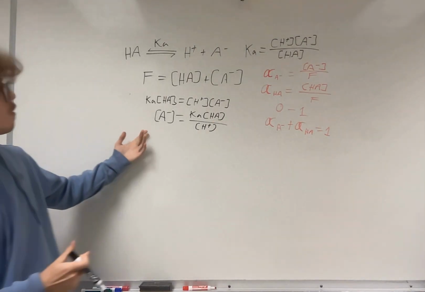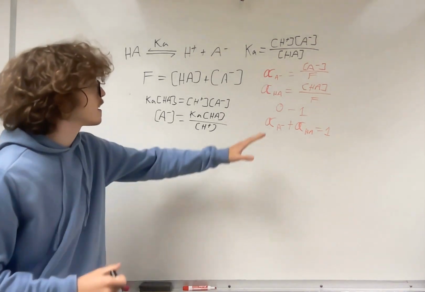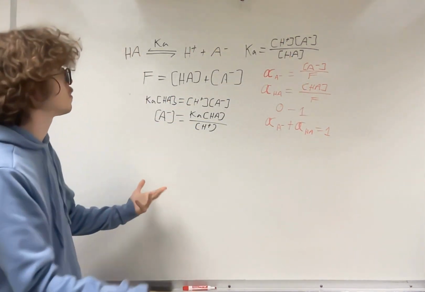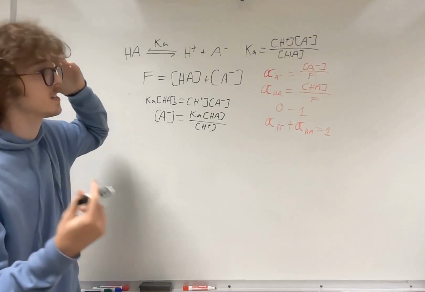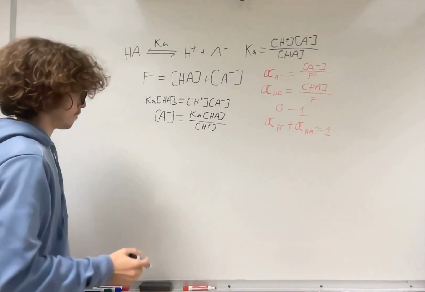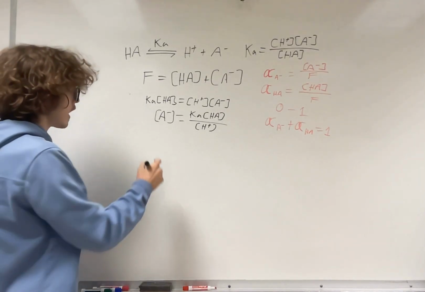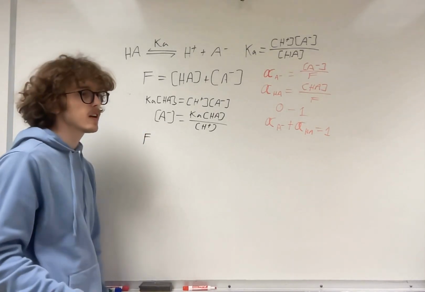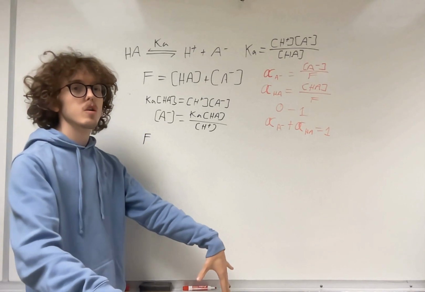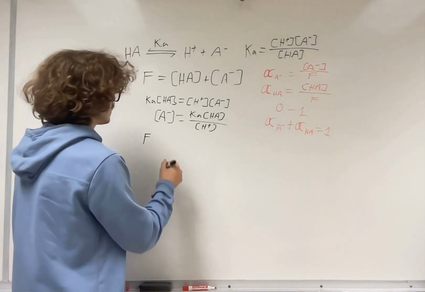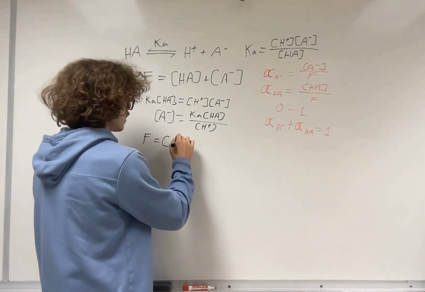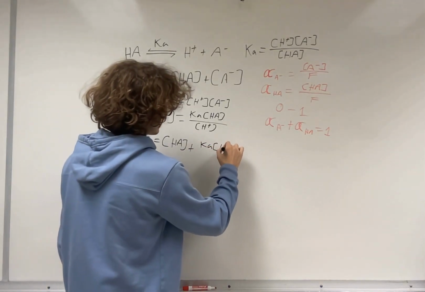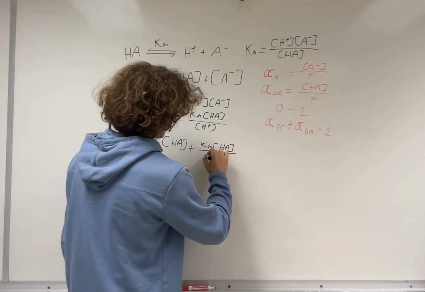All we're doing is manipulating the equilibrium expression for a simple monoprotic weak acid. Now let's substitute this A minus with all this stuff. We're basically reducing the number of unknowns by 1 by doing this. So F equals HA plus Ka times HA all over H plus.